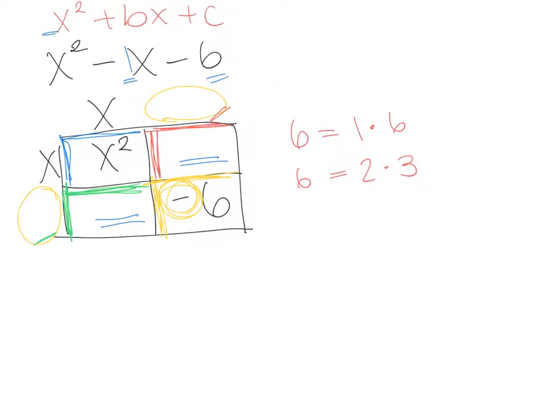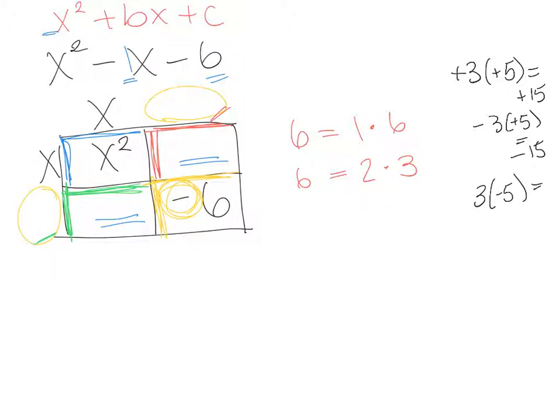This is just a quick refresher: if I have a positive 3 and a positive 5, I'm going to get a positive 15. But if I have a negative 3 multiplied by a positive 5, I'm going to get negative 15. Or a positive 3 multiplied by a negative 5, I get negative 15.